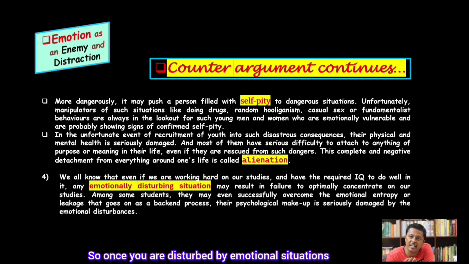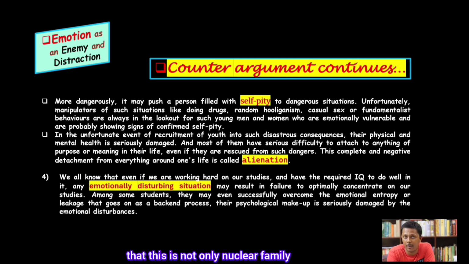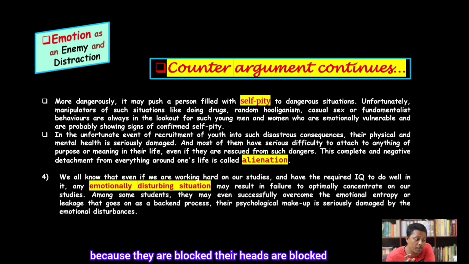So, once you are disturbed by emotional situations, you have to look out, because this is not only about the nuclear family or changing social structures. There are many more factors that can destroy your self-respect and identification, like self-pity, if you are alienated or emotionally disturbed. People in a love relationship do not think very clearly, because their heads are blocked by the emotionally disturbing situations.